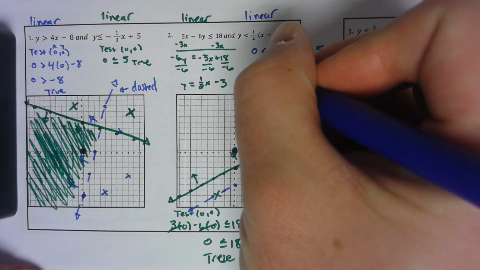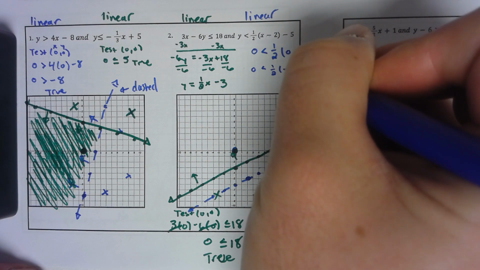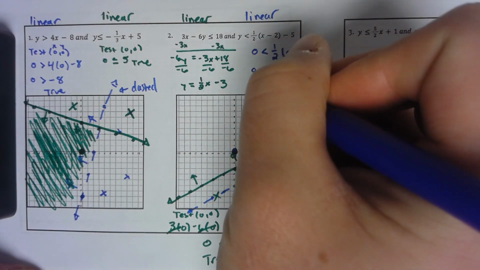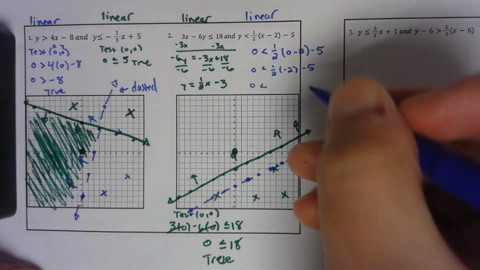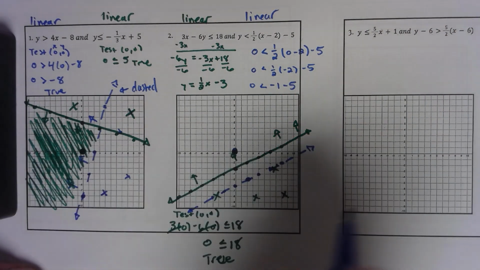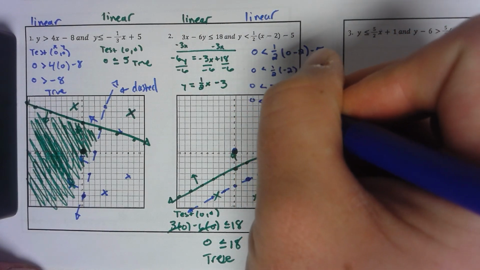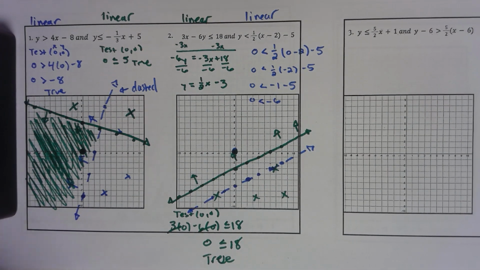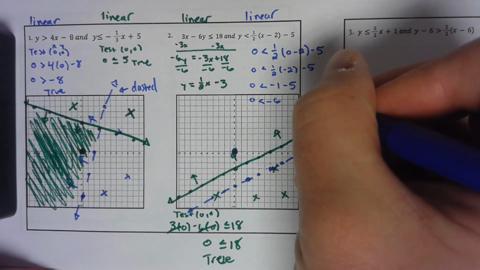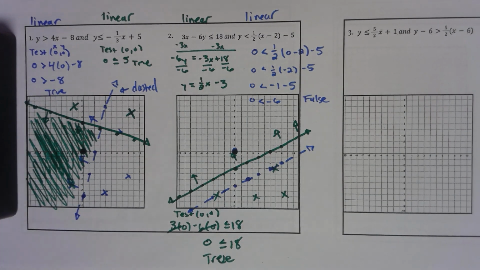So 0 minus 2 is negative 2. If I multiply it by 1/2, that's going to give me negative 1. So I have negative 1 minus 5, and thus I'm checking if 0 is less than negative 6. Well, that's false. 0 is not less than negative 6.